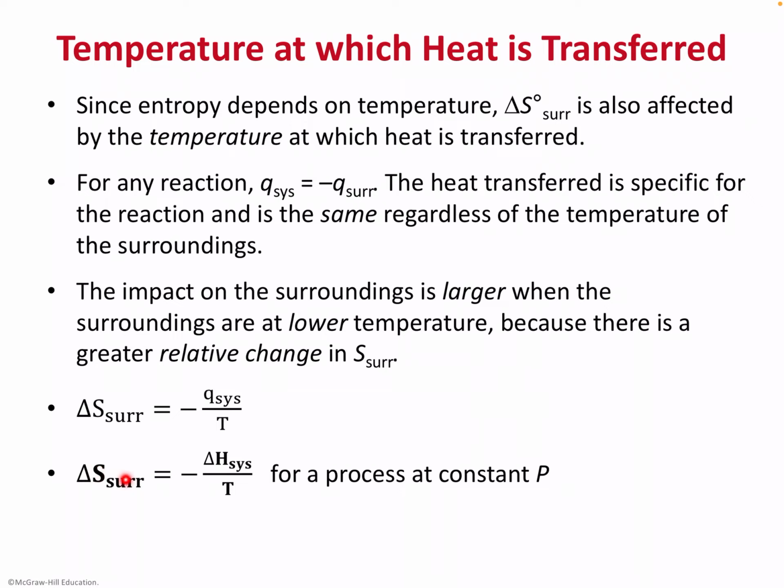So then the delta S surrounding would be again negative delta H system over temperature. So we can use this equation to calculate if you want to find out the delta S surrounding or the delta H or the temperature. And this is the temperature at which the heat is transferred.